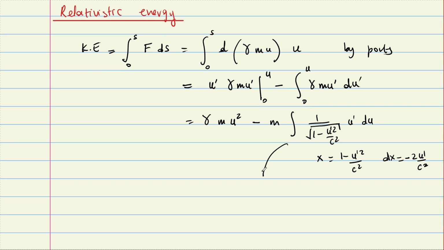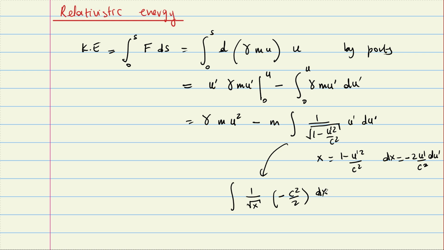Then let me just focus on that integral. So this is 1 over root x, and this is u prime du. Whenever I see u prime du, I'm going to put minus c squared over 2 dx.